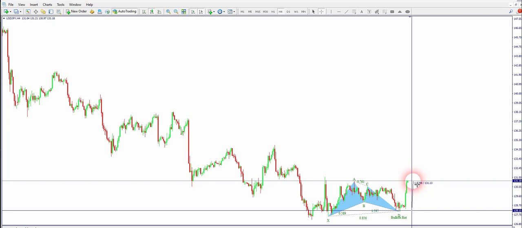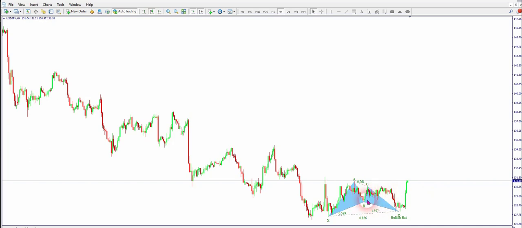Yesterday I posted that this pattern might be fake, because you see the market was trending very strongly down, so I thought it would keep going down. But because the fundamental news was very good for the US dollar yesterday, the NFP news, as I showed in the previous video, that's why it pumped up.